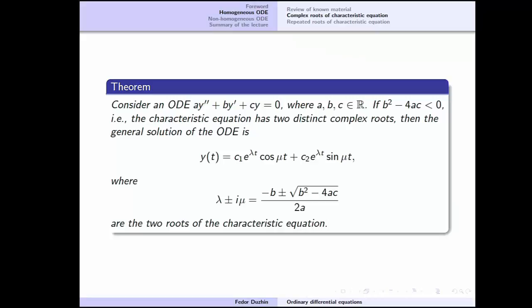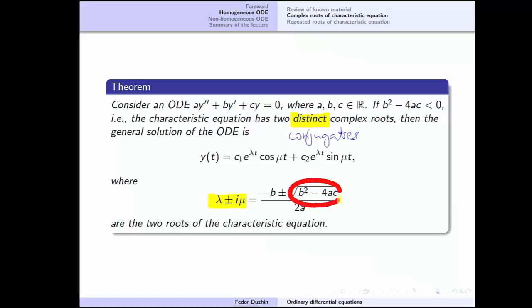So hence we get this theorem. Two distinct complex roots means that they are complex conjugates, actually. So they're conjugate to each other here. And since they're conjugates, it means that they are of the form real part plus minus i times the imaginary part.